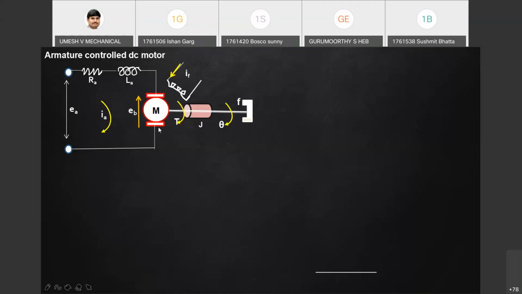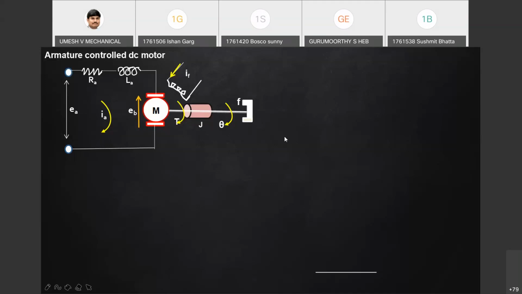There will be a back EMF and applied EMF is EA, or sometimes we refer to it as VA, armature voltage. So this is going to control the rotation of the motor with field current kept constant, IF. That is what is called armature controlled. So any variation in the parameters happens in the armature winding, the field winding current is kept constant.